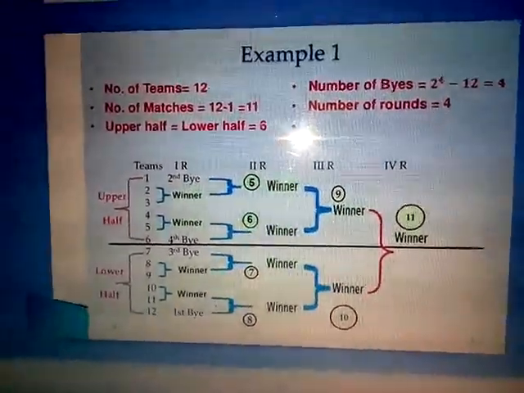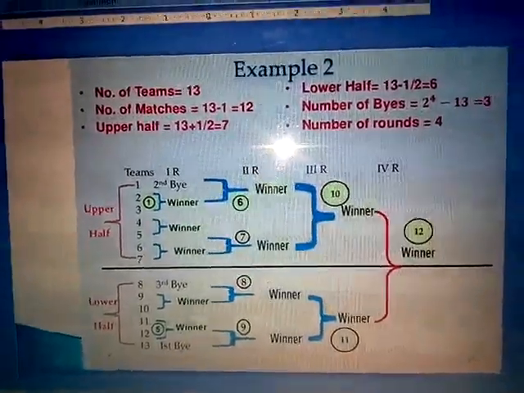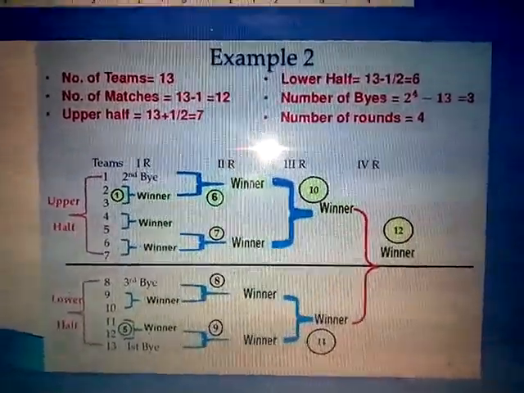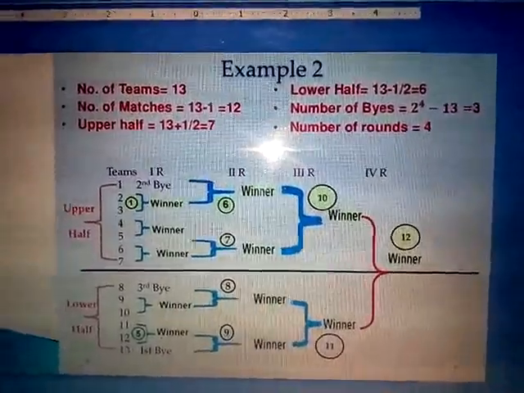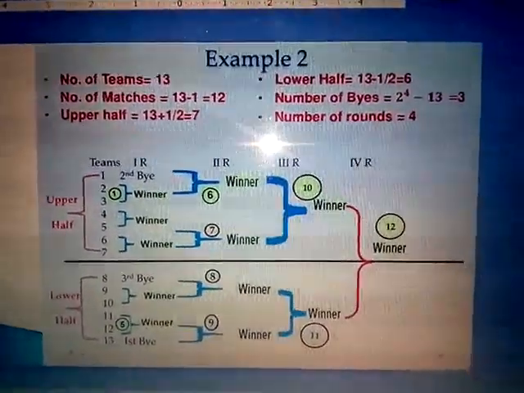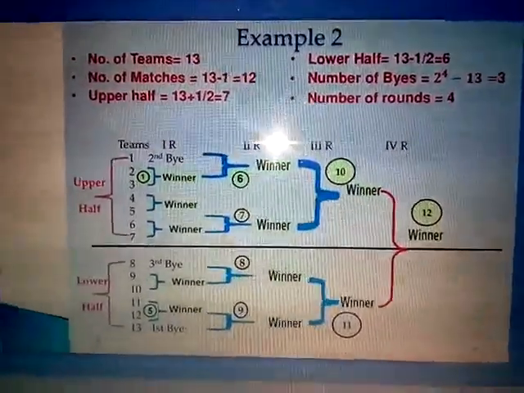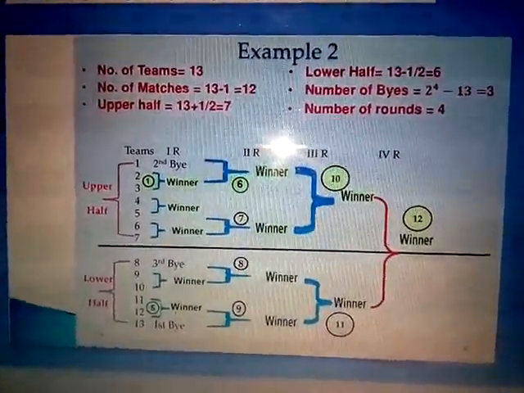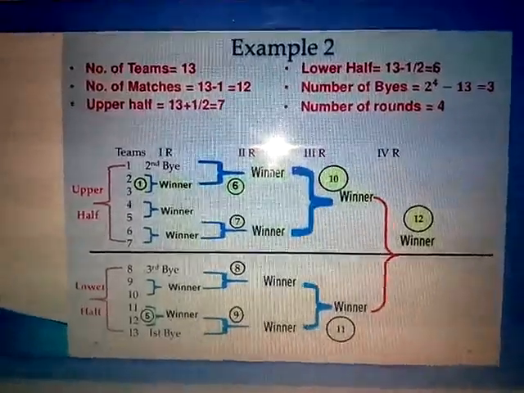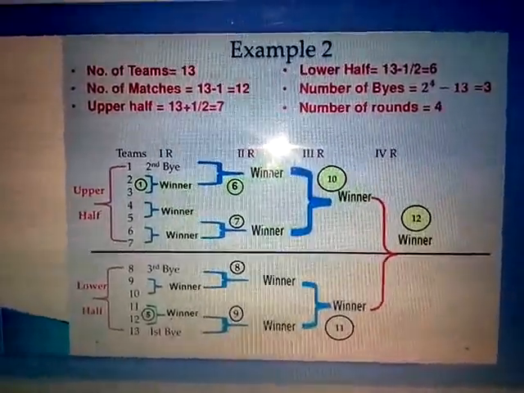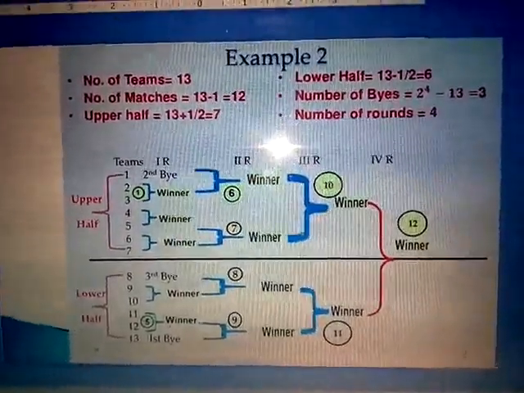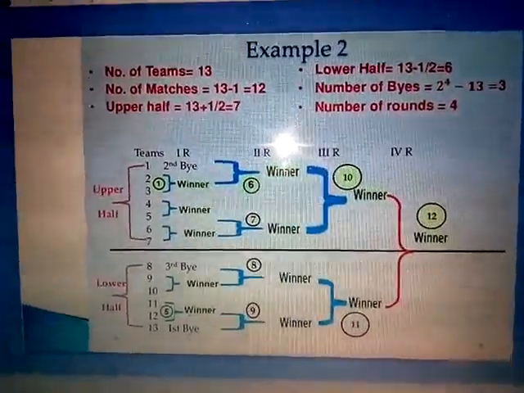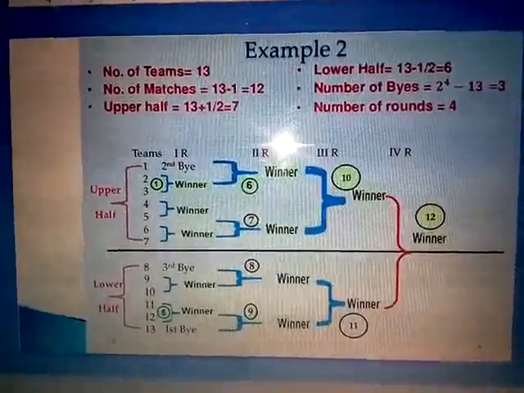Now we have to see the example of the even numbers. Number of teams is 13. Number of matches is 13 minus 1, that means 12 matches are going to be conducted in the knockout tournament. Now the upper half: number of teams 13 plus 1, that is 14, divided by 2.